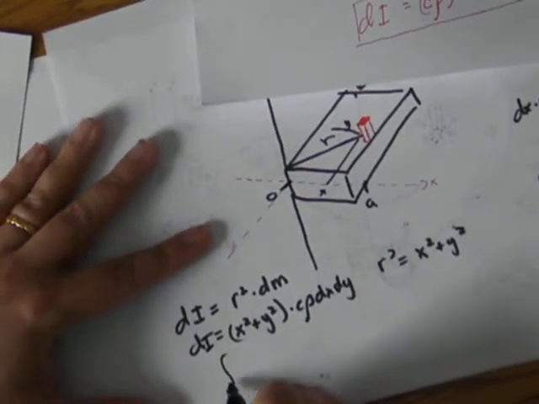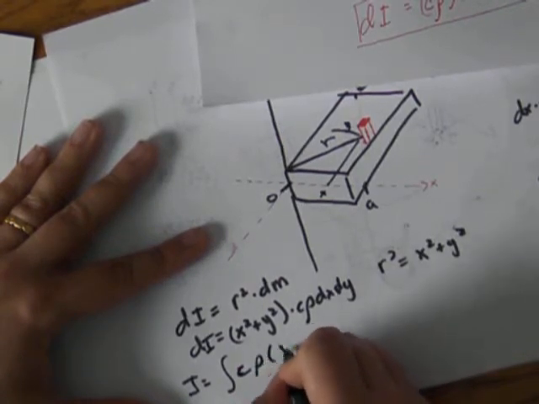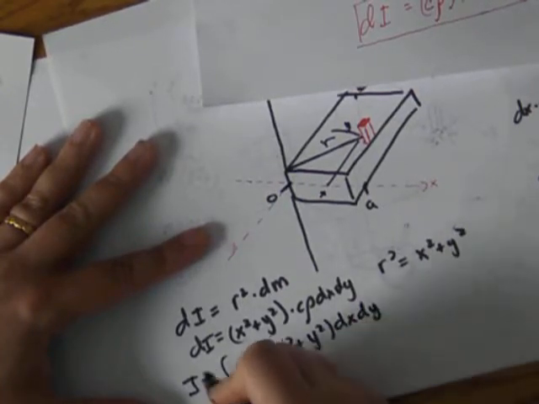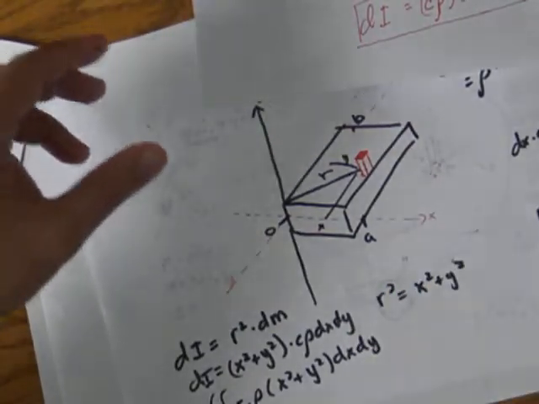And now we're going to integrate. We have c rho times x squared plus y squared dx dy. It's going to be a double integral. Let's get a clean sheet of paper.